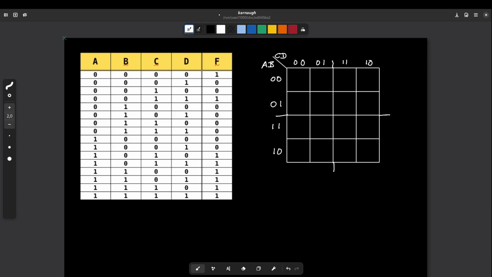In this case, for 0000, the value of the function is 1. For 0001 it is 0. For 0010 it equals 0. And for 0011 it equals 1.